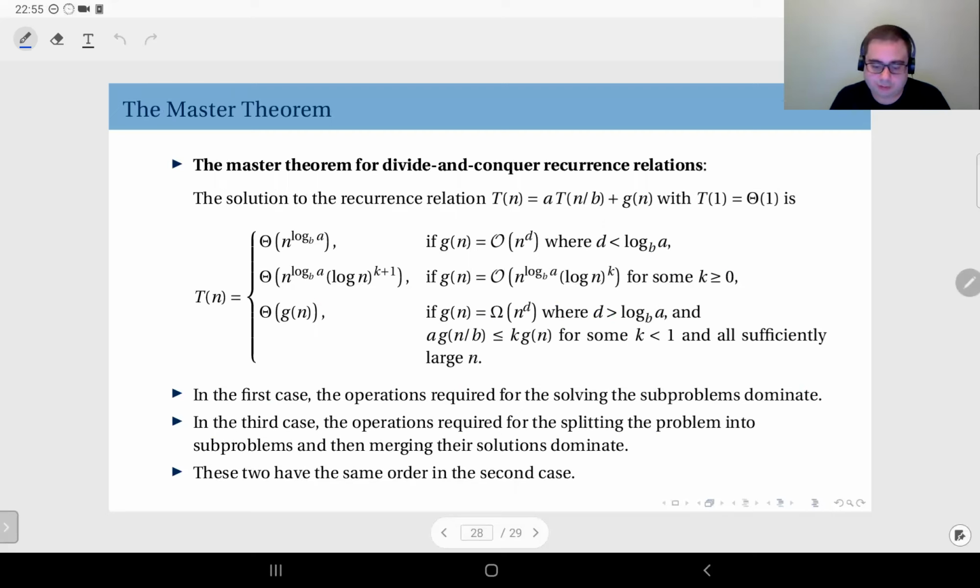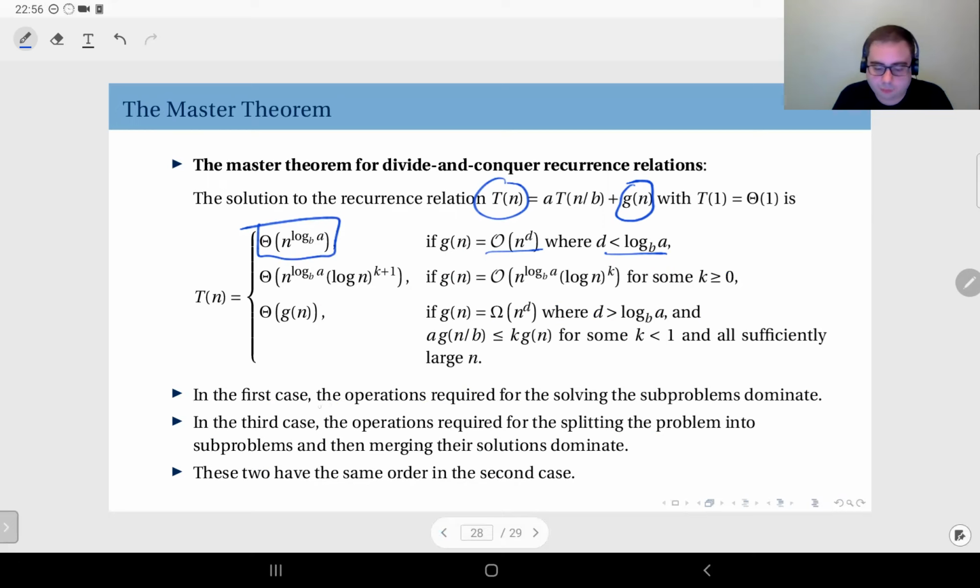If g(n), the function appearing here, is big O of n to the power d, where d is less than log_b(a), then T(n) is big theta of n to the power log_b(a).